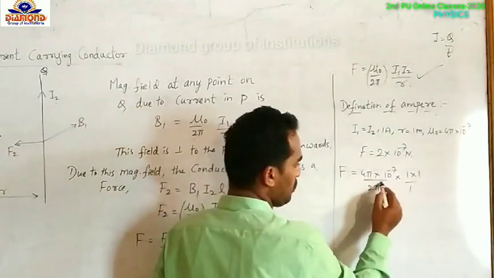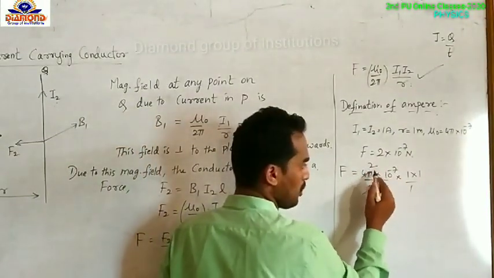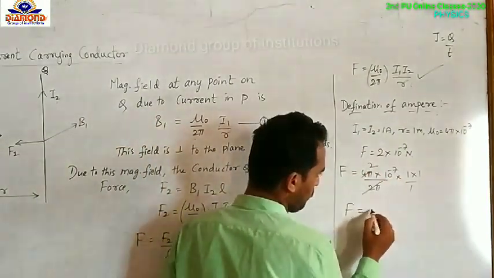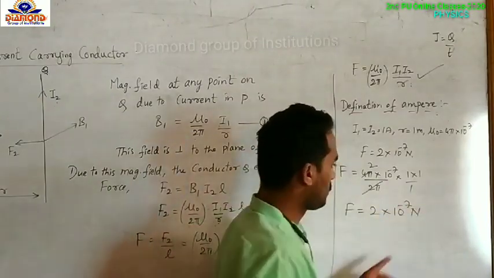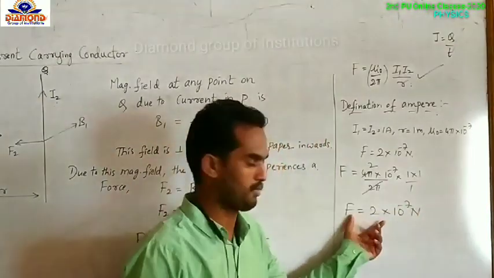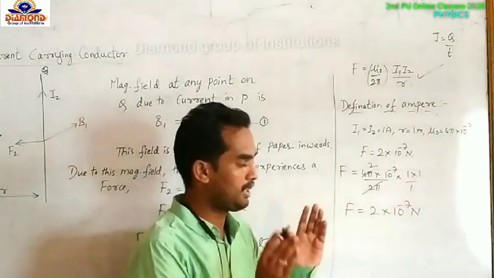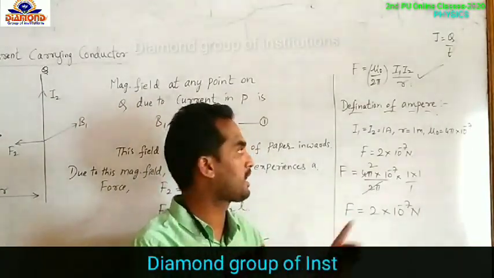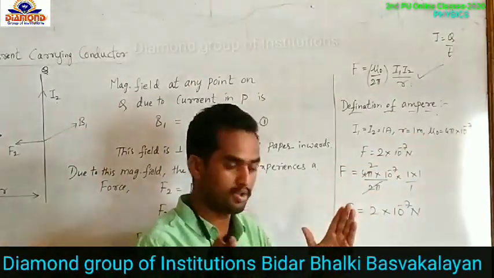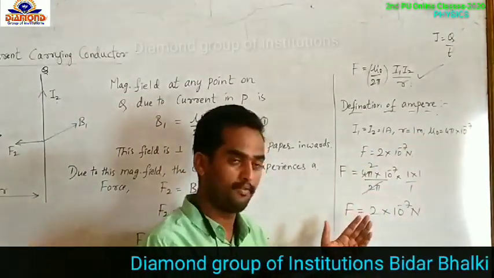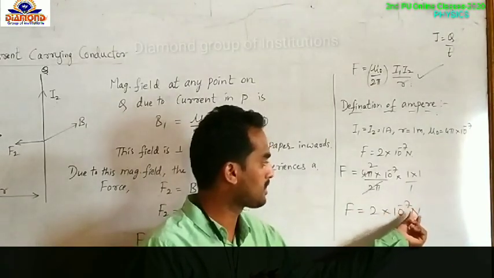The 2 pi cancels. So the force is 2 into 10 to the power of minus 7 Newton, Newton being the SI unit of force. When the current through each conductor is 1 ampere and the distance is 1 meter, the force of attraction is 2 into 10 to the power of minus 7 Newton.